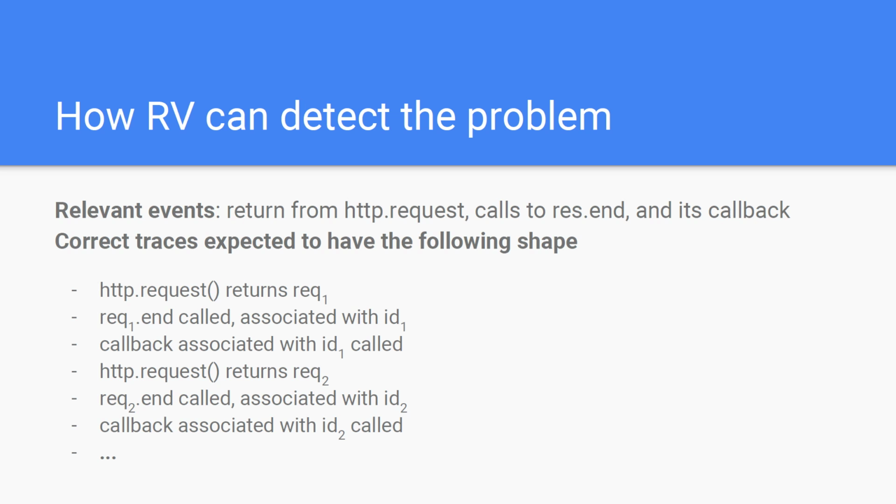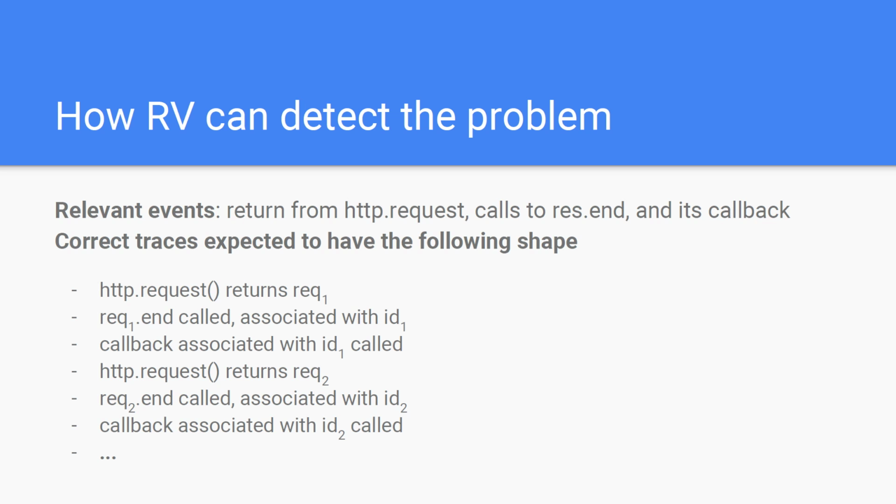So we have to know when HTTP.request has been called and returned the corresponding value, which is the request object, when we call the method end on this request object, and when the corresponding callback is executed. Okay? So here is an example of the expected correct event trace.